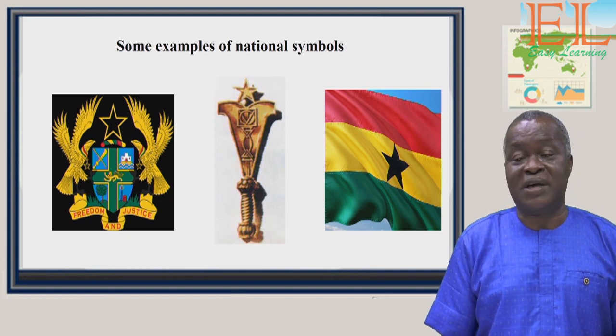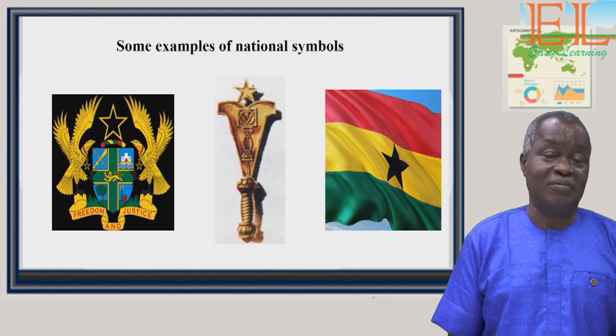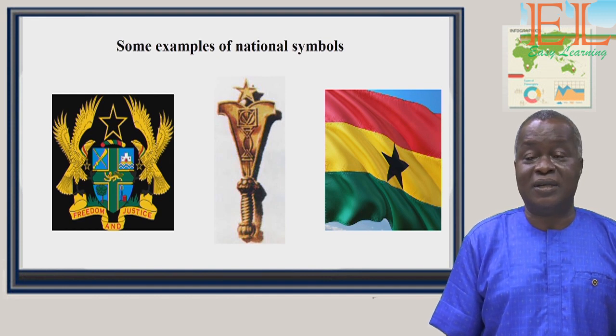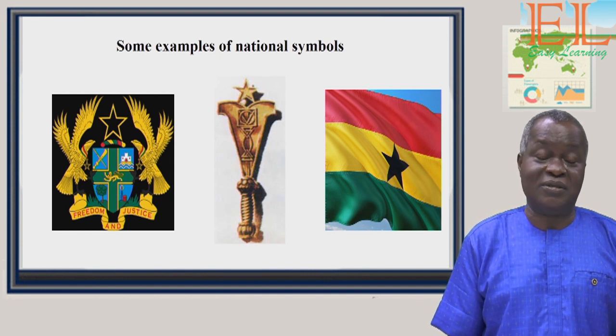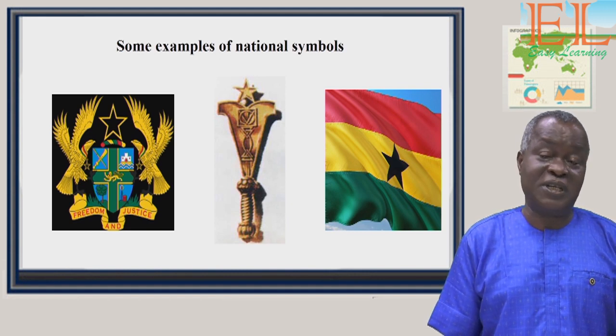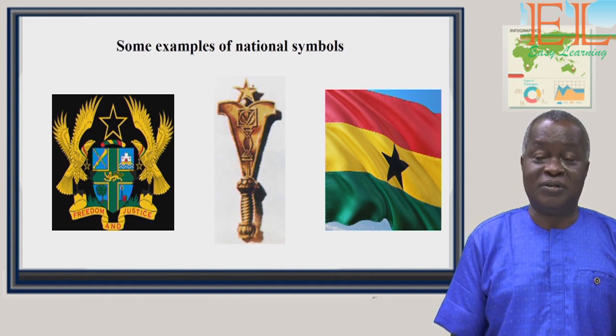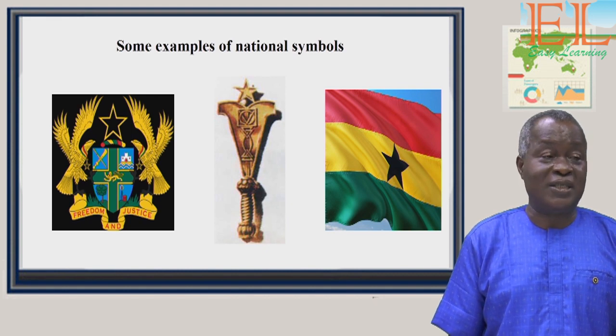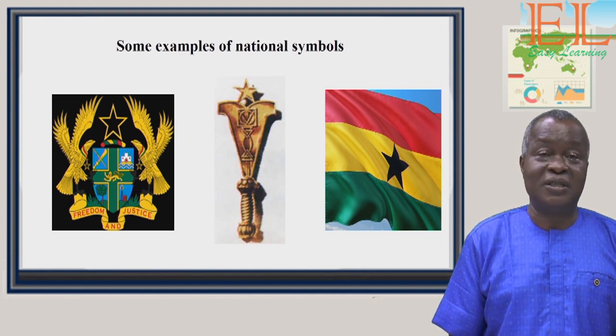The last one you have there is the black star. The black star represents the African continent. So we hear of the black star of Africa. In other words, Nkrumah saw Ghana as the leading African country.